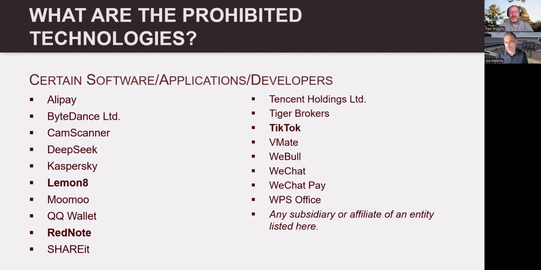Moomoo for online stock trading. QQ Wallet, mobile payments. ShareIt, a peer-to-peer file sharing and content streaming application, and the list goes on. But these are some of the applications that cannot be installed on state devices or even your personal device that may be used for state business.